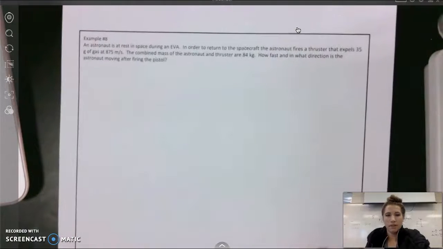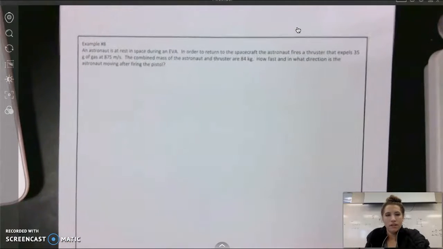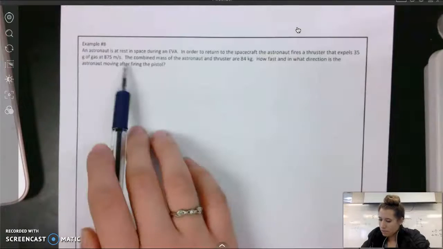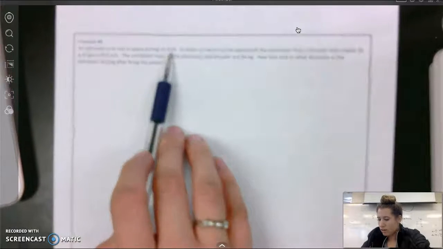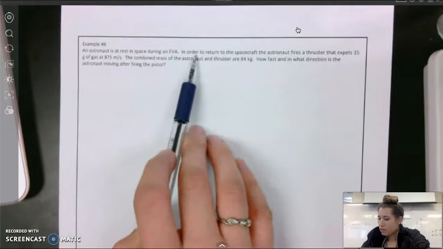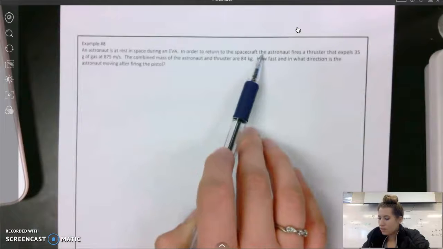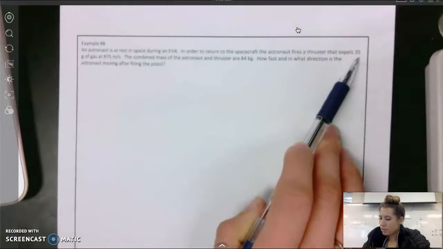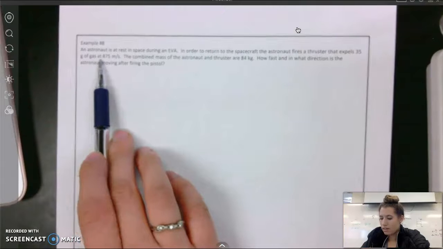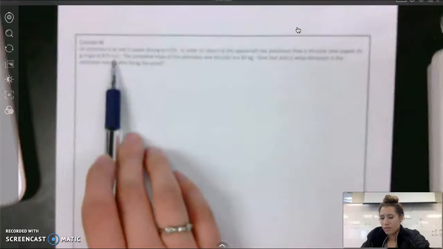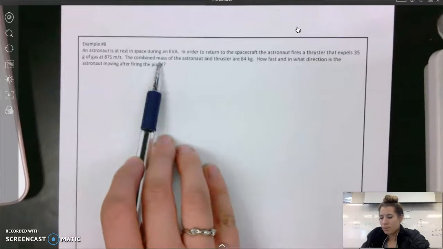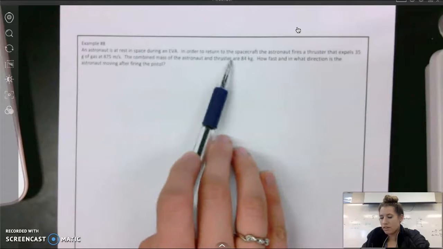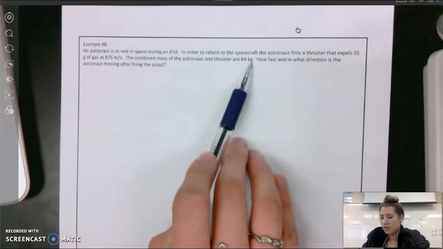Okay, example number 8. An astronaut is at rest in space during an EVA. In order to return to the spacecraft, the astronaut fires a thruster that expels 35 grams of gas at 875 meters per second. The combined mass of the astronaut and thruster are 84 kilograms.